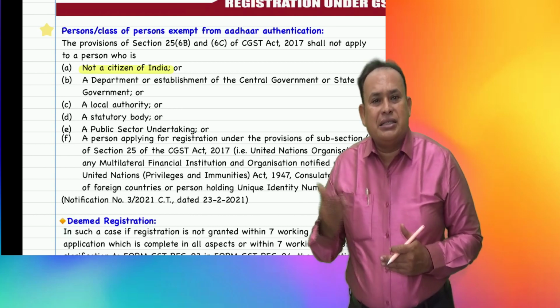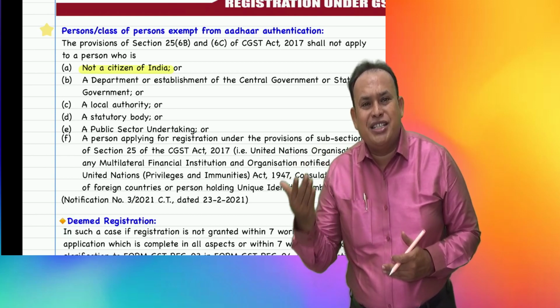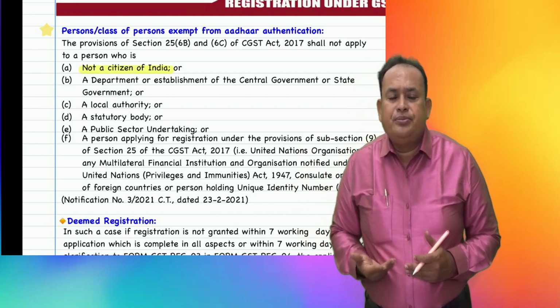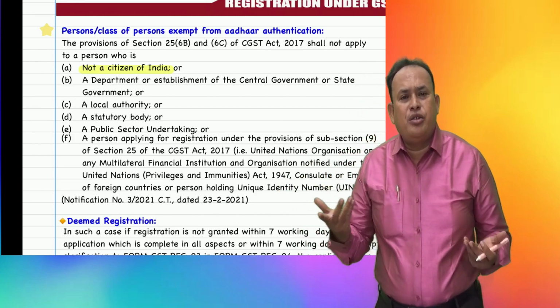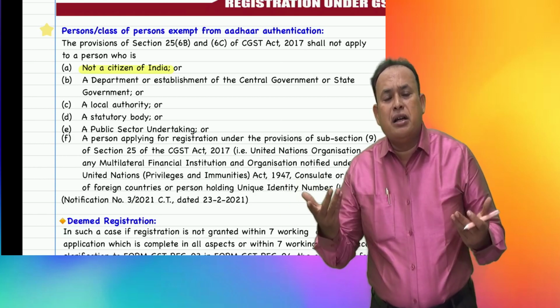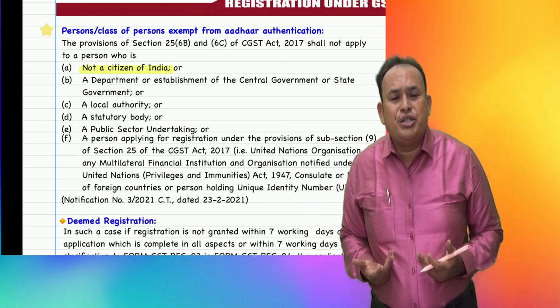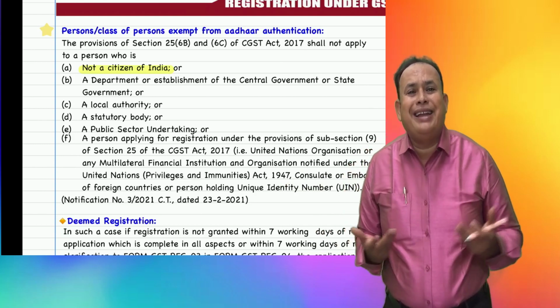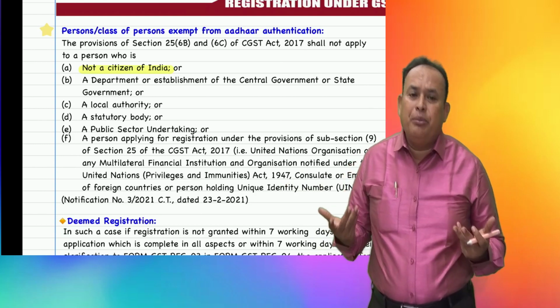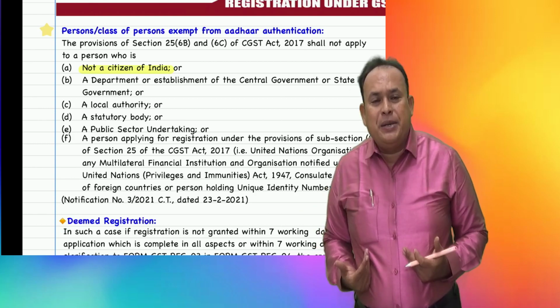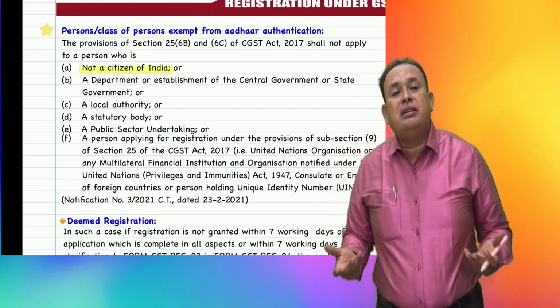Statutory bodies like the CA Institute, CMA Institute, CS Institute, IITs, IIMs, and universities such as Madras University, Jawaharlal Nehru University, and Indira Gandhi Open University, which have been established by passing an act in the Parliament or state legislative assembly, can obtain registration even without undergoing Aadhaar authentication.